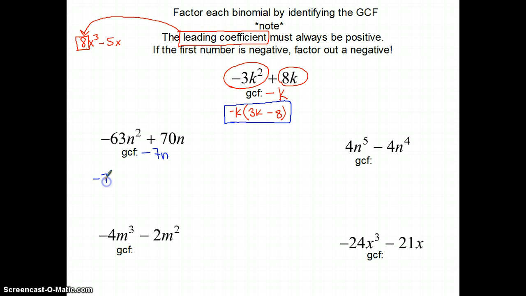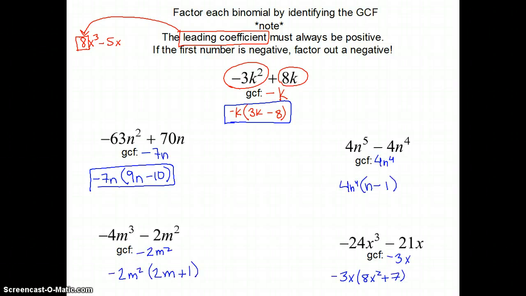So on the outside of parentheses, I have negative 7n. 63 divided by negative 7 is a positive 9. And since I took out one of those two n's, I have positive 9n. I factored out a negative 7 from positive 70, so that gives me negative 10. And I took out the n, so all I have is negative 10. Go ahead and try the next 3 on your own after pausing the video.